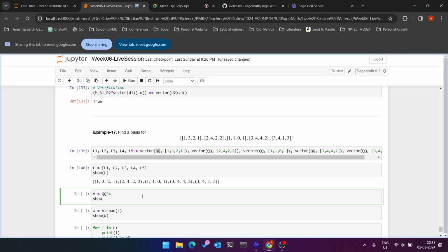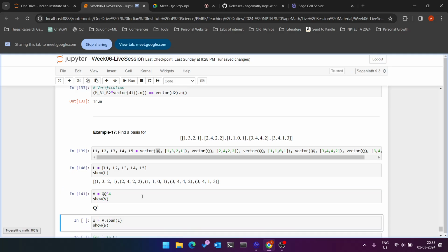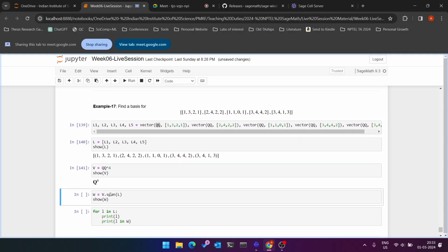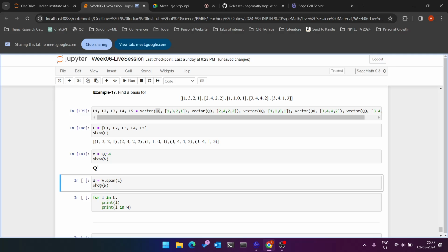Next I define the vector space V, which is four-dimensional, made up of four rational numbers. It is Q raised to 4. Next I define the subspace W, which is the span of L.